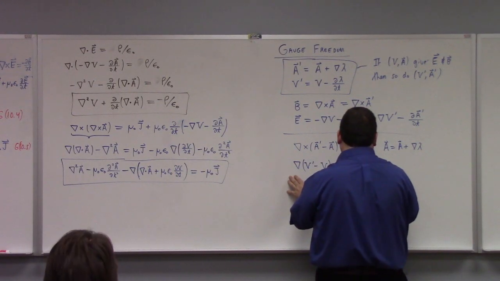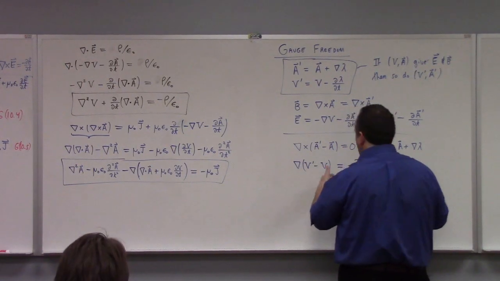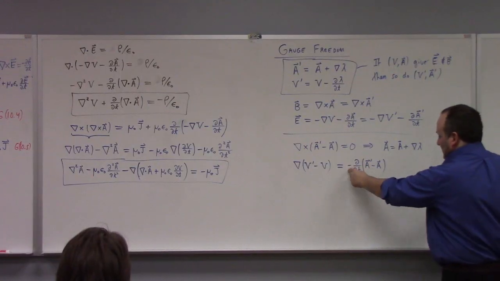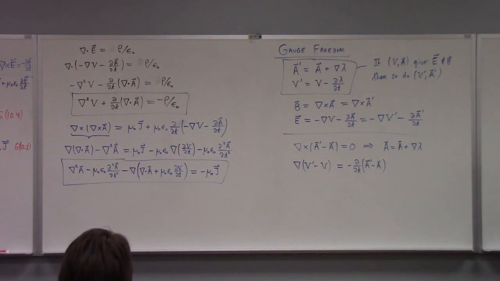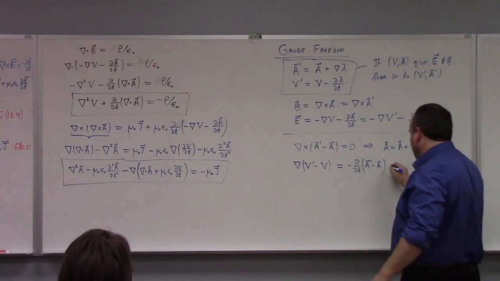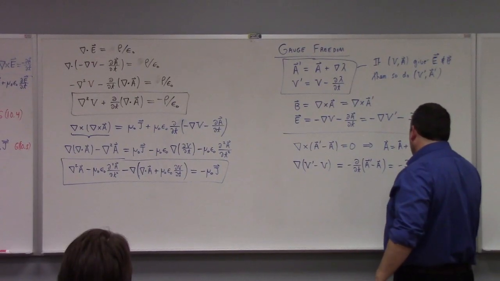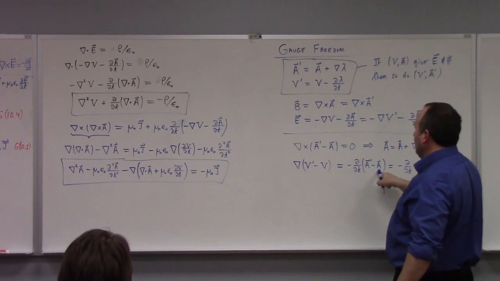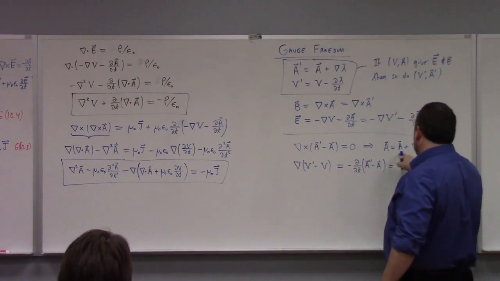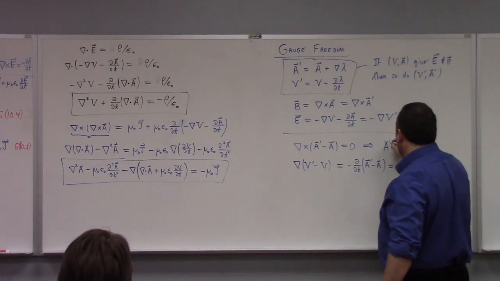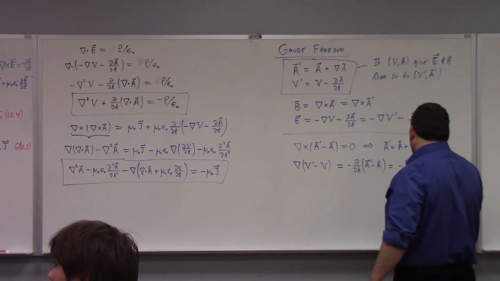A minus A prime, I think. Or A prime minus A. I put a minus there, right? I'm going to get the signs wrong. I got a minus here. I think it's okay. But that's what? A prime minus A, remember, we've already argued, is the gradient of lambda.